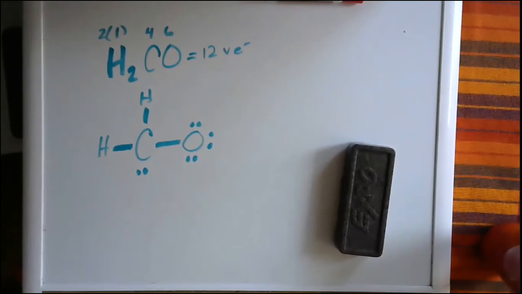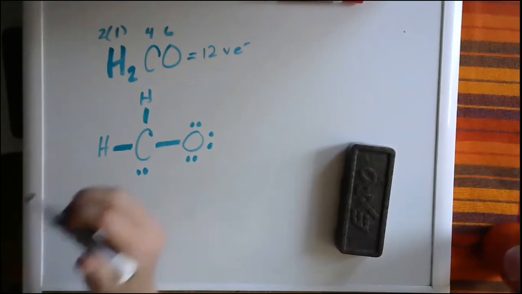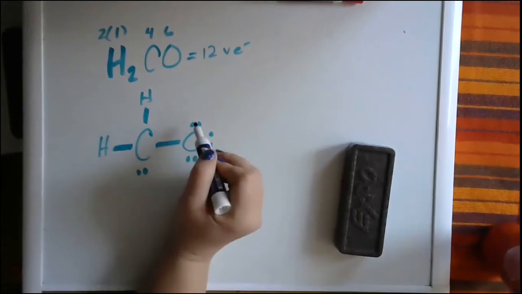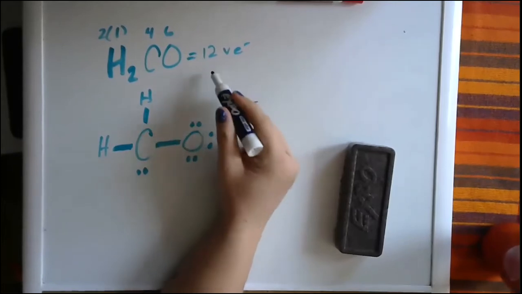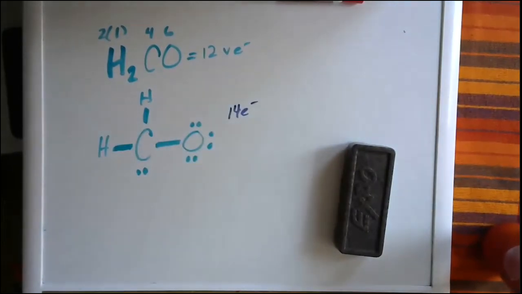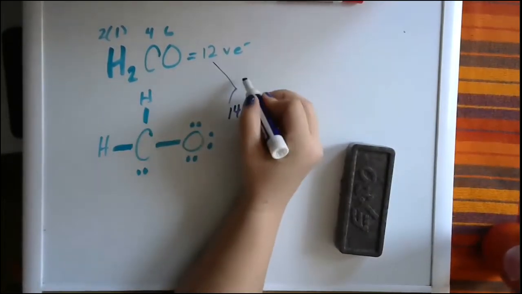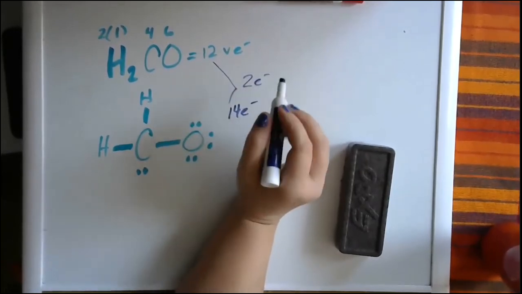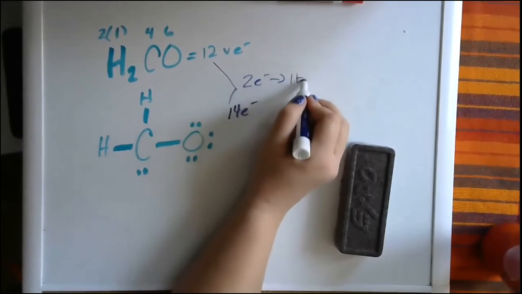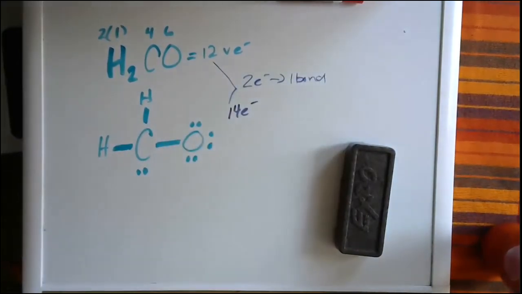And now I'm going to do my counting. So I've got 2, 4, 6, 8, 10, 12, 14 electrons here. I only have 12 available. That means that I have a 2 electron deficiency. That means that I have to put one extra bond into my Lewis structure.